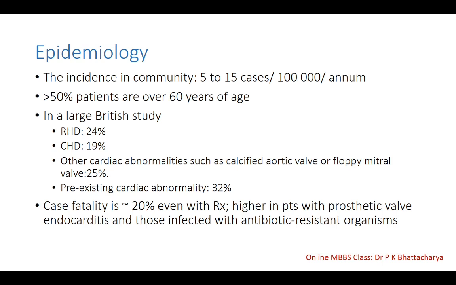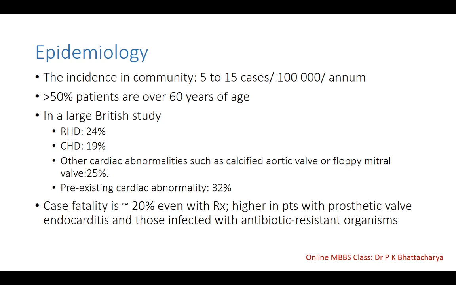In one British study, they found that the underlying etiology is rheumatic heart disease in about one quarter, followed by congenital heart disease, and other abnormalities like a calcific aortic valve or a mitral valve prolapse in another 25%, and pre-existing cardiac abnormalities in 32%.